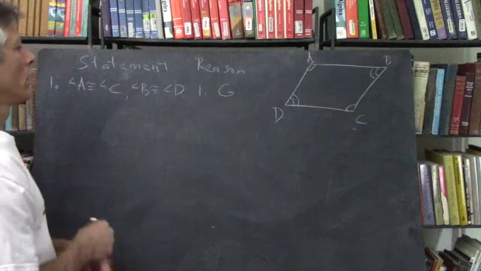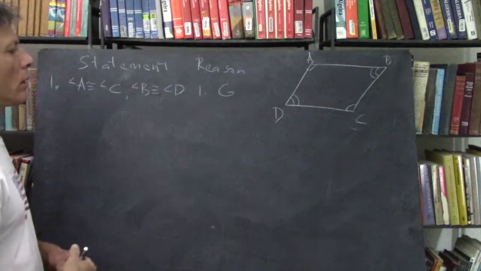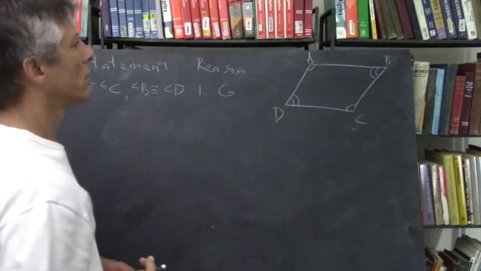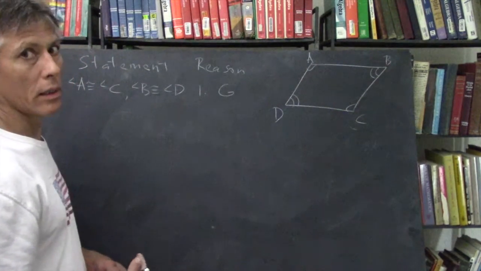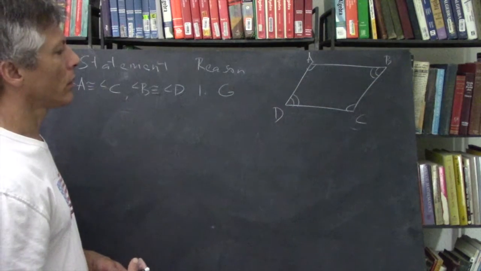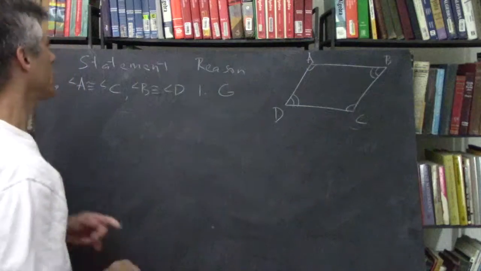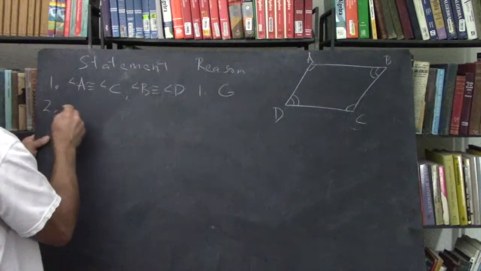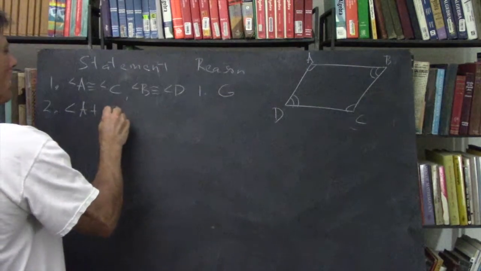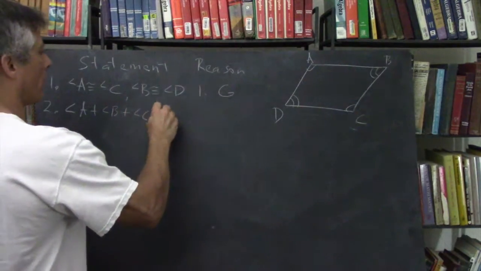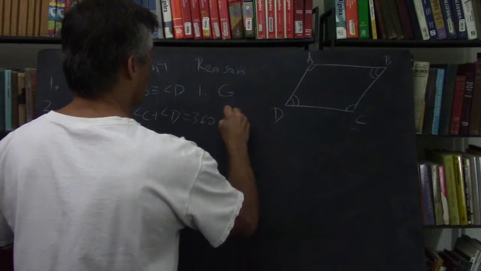and we know that, from work we've already done about the angles of a polygon, that these will all add up to 360, right? So angle A plus angle B plus angle C plus angle D is 360.